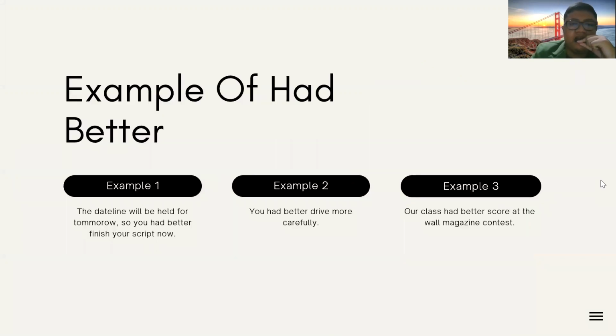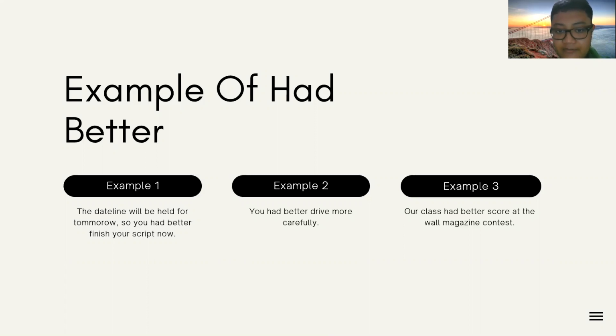For example number one, the deadline will be tomorrow, so you had better finish your script now. In this example of had better, we can see the person who uses had better really tells you that you should follow their suggestion or advice.